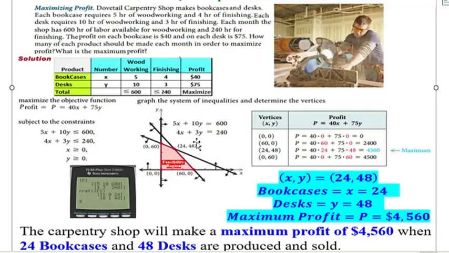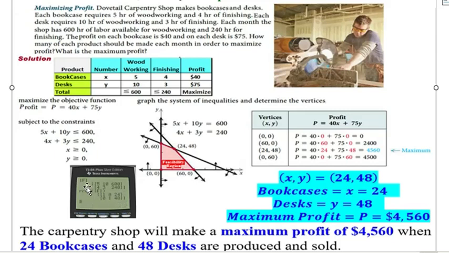But now how do you get this 24, 48? To get this 24, 48, we need to solve 5x plus 10y equals 600 and 4x plus 3y equals 240 simultaneously. Then find what is x, what is y. You can do the substitution method, or you can just put it in the calculator.